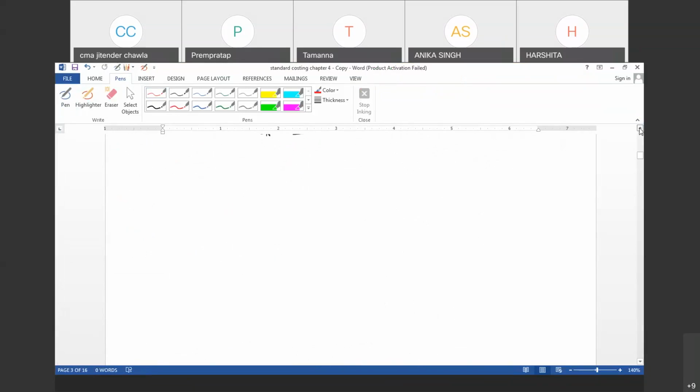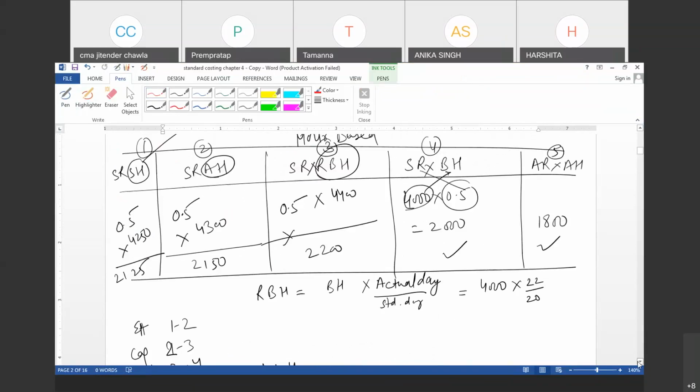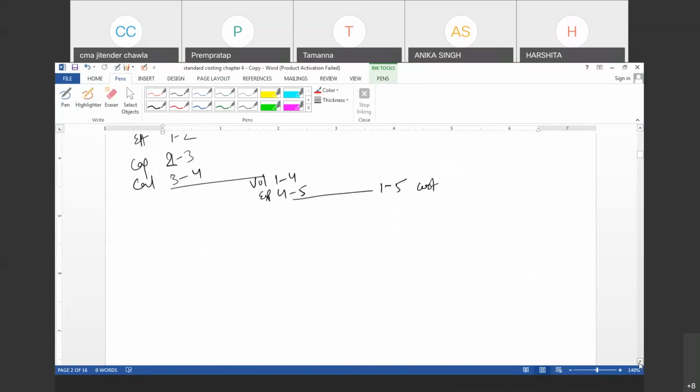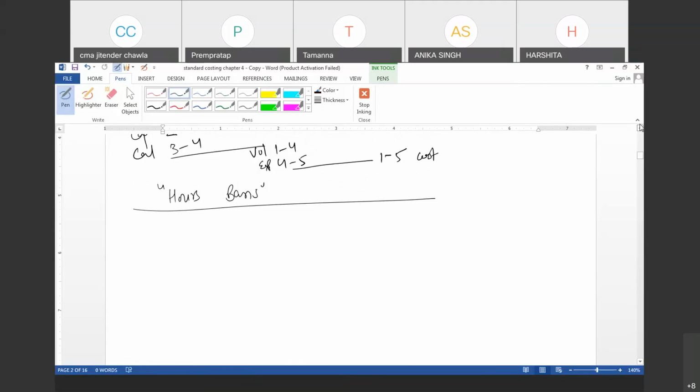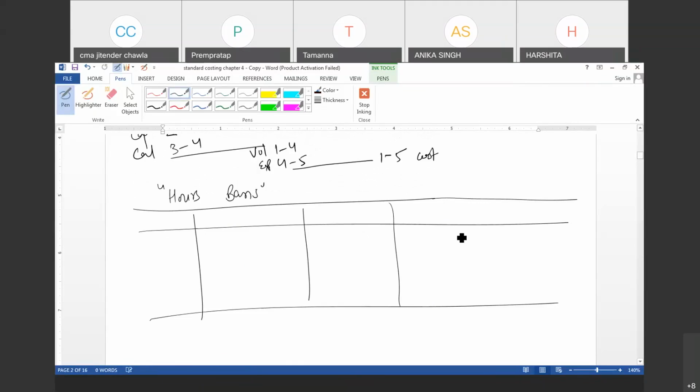सबसे पहले हम टेबल बनाते हैं. देखिए, ये वाला टेबल मैं इनपुट बेसिस पे बना रहा हूँ. इसी का मैं आउटपुट बेसिस पे भी बनाऊंगा. ठीक है, बताइए क्या क्या चाहिए. 1, 2, 3, 4, 5.